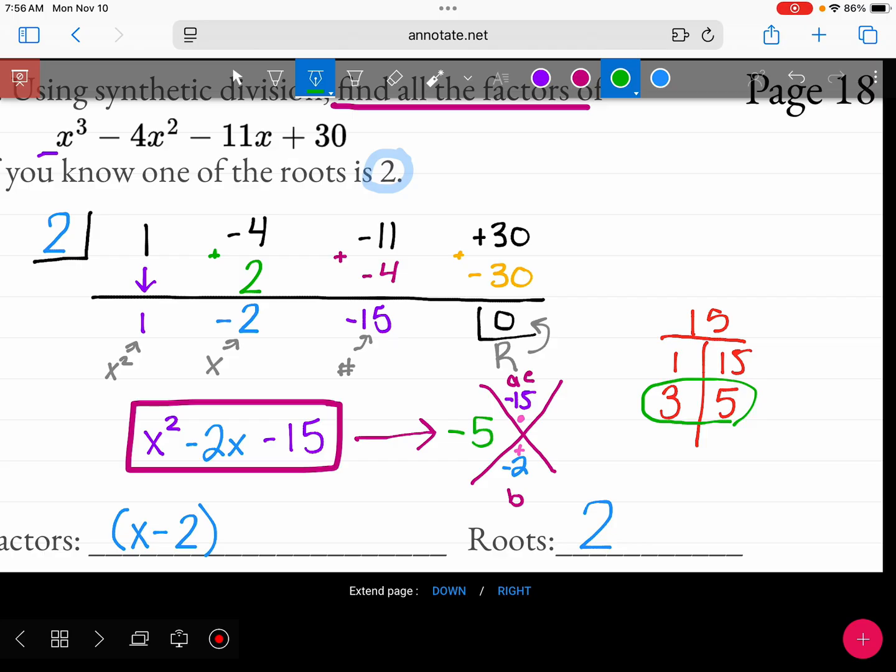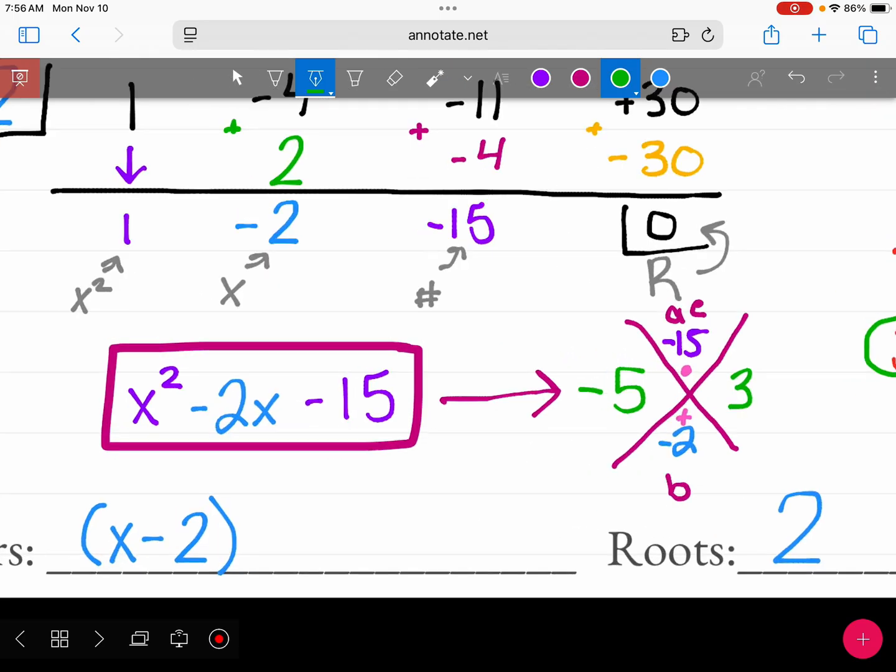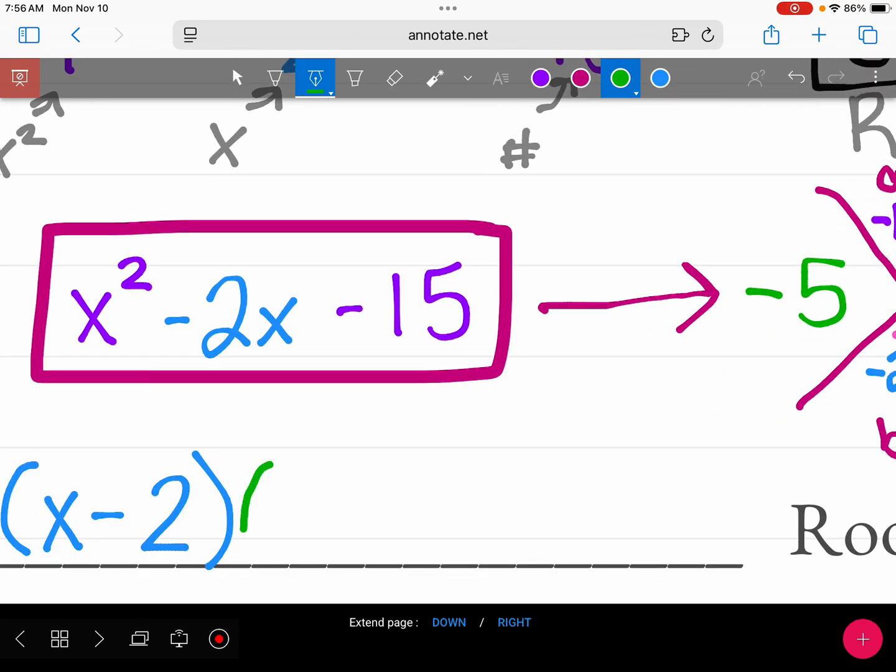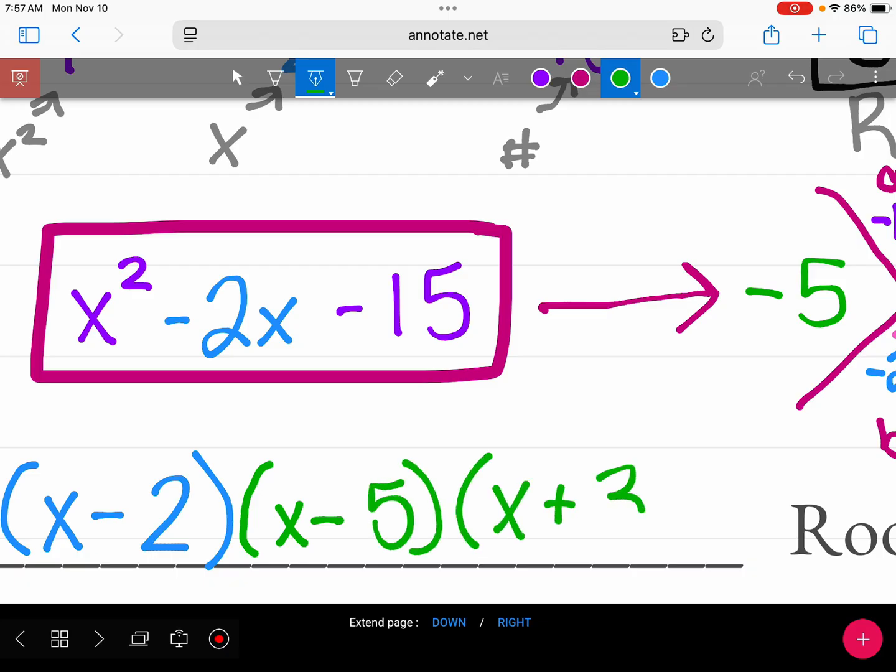The 5. Negative 5, positive 3. So we can put this through the box, through factoring by grouping, or through bottoms up, anything like that. This one doesn't have an a value, so we can also just take our shortcut where we're going to have our x minus 5 and our x plus 3.